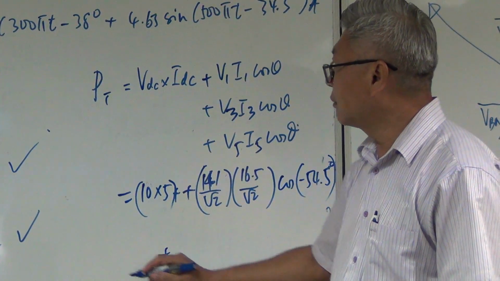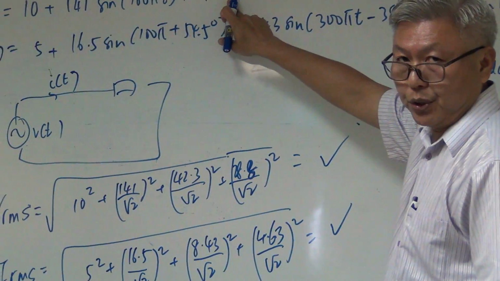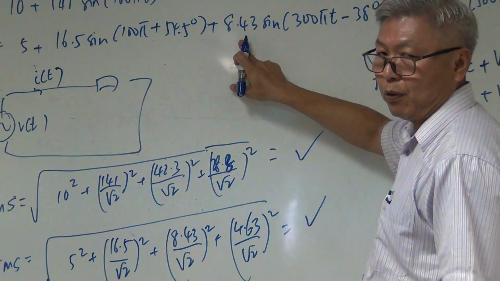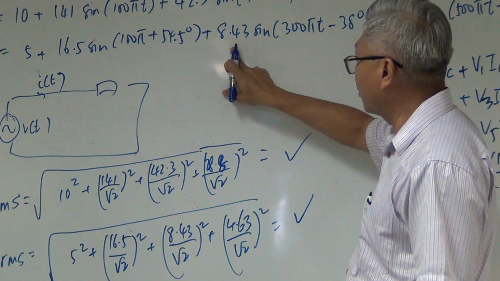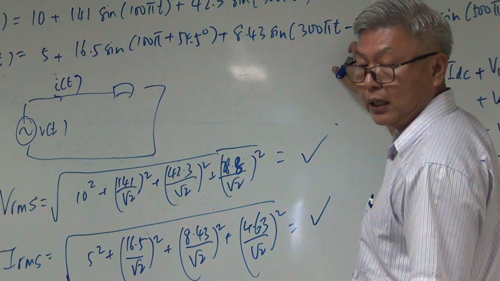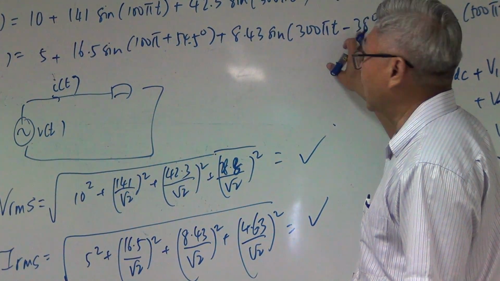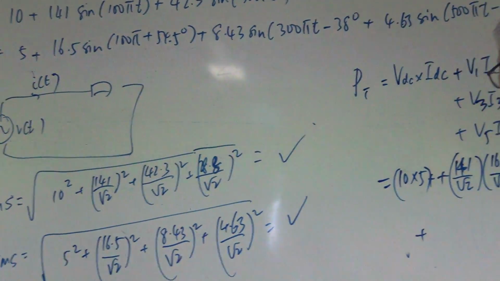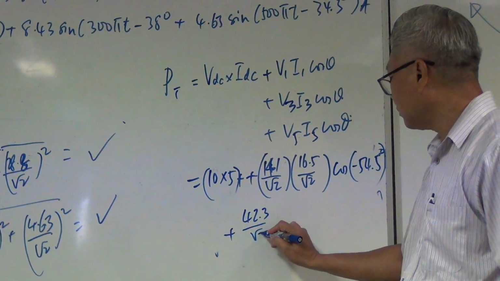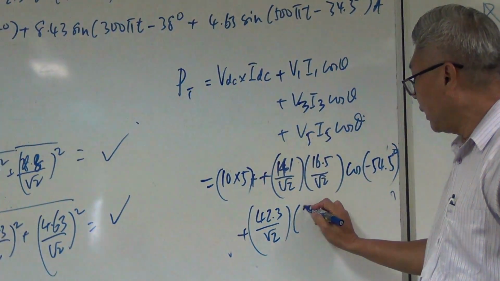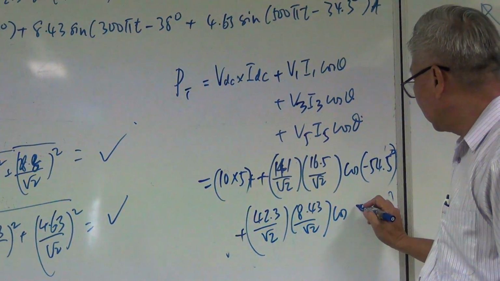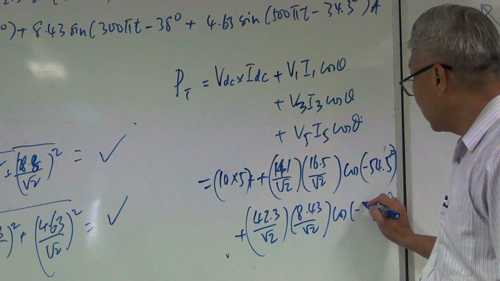Then the next one, 42.3 divided by square root 2, multiply 8.43 divided by square root 2, cosine what? This is 0 degrees, this is minus 38 degrees. So the angle is 38 degrees, 0 minus minus 38 is 38. So it's 42.3 multiply 8.43 and it's cosine of minus 38 degrees.